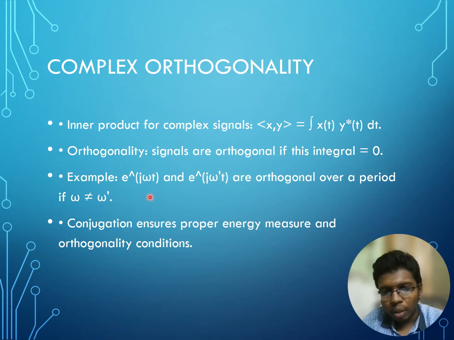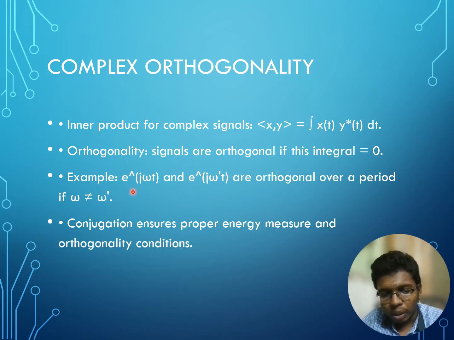Complex orthogonality. The inner product of complex signals x comma y is equal to the integral of x of t times the conjugate of y of t dt. The signals are orthogonal if the integral is 0.